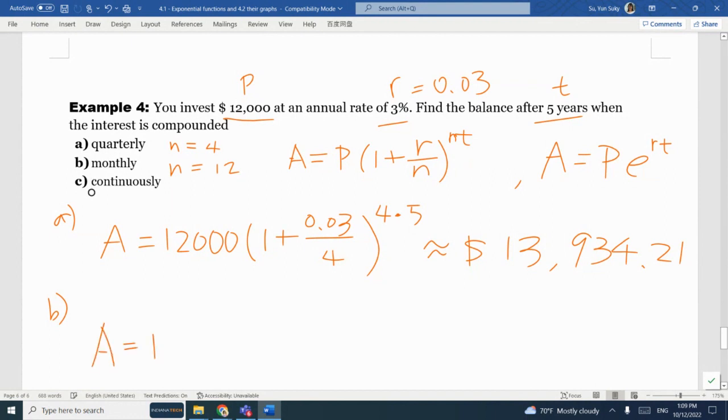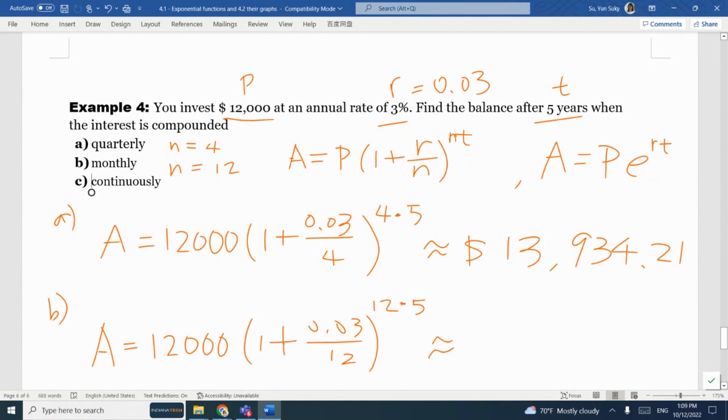Exactly. So we have P is the same, 12,000. 1 plus R is still 0.03. Now N is 12. And then N is 12 times T is 5.